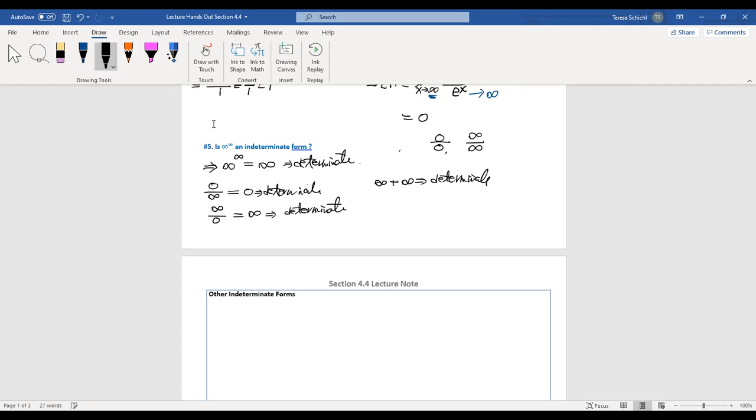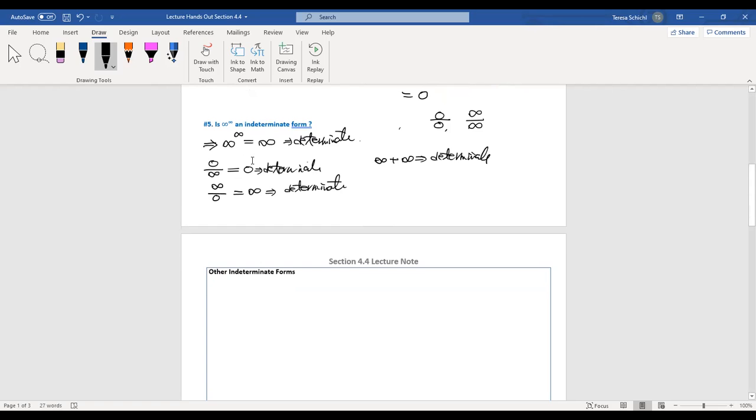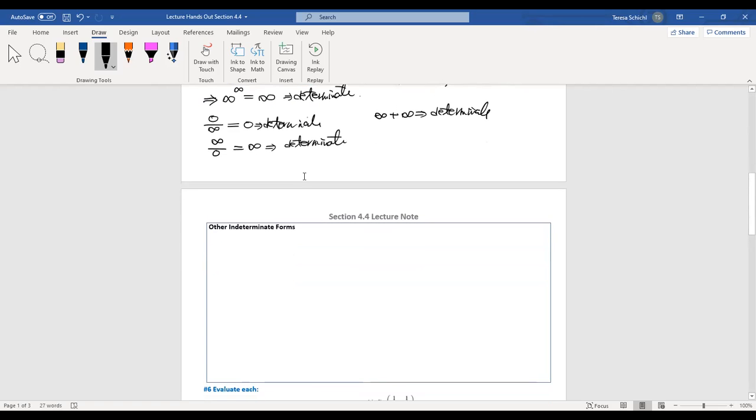Okay, so now we have several other forms that are not determinate. Let's list the forms that are not determinate, then we are going to do several examples to go over these forms, right?